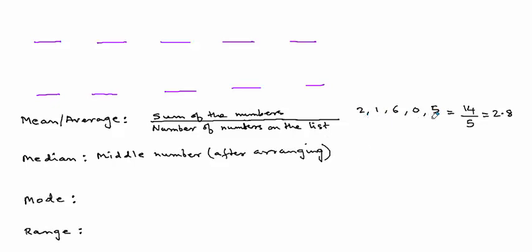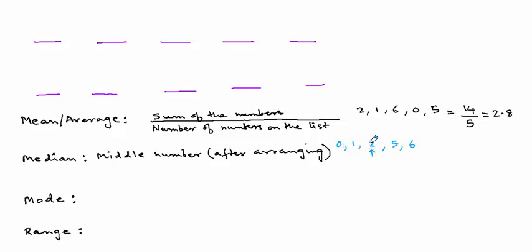Let's say we want to find the median of this set of numbers. Our first job is to rearrange them. I'm going to go for smallest to largest. 0 first, then we have 1, 2, 5 and 6. And the middle number clearly is this number 2. So that becomes the median.